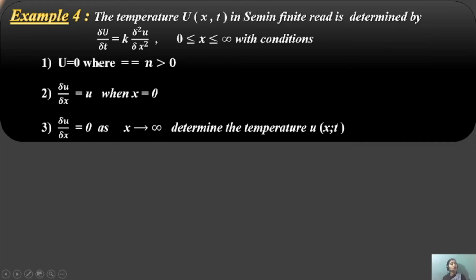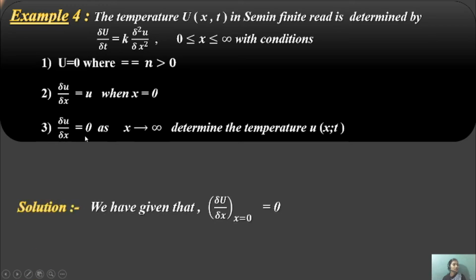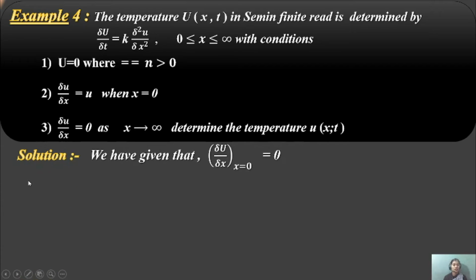The first condition is u = 0 where t is greater than 0. The second condition is ∂u/∂x = u where x = 0, and the third condition is ∂u/∂x = 0 as x tends to infinity. Determine the temperature u. Okay, let us get started with the solution of this equation.